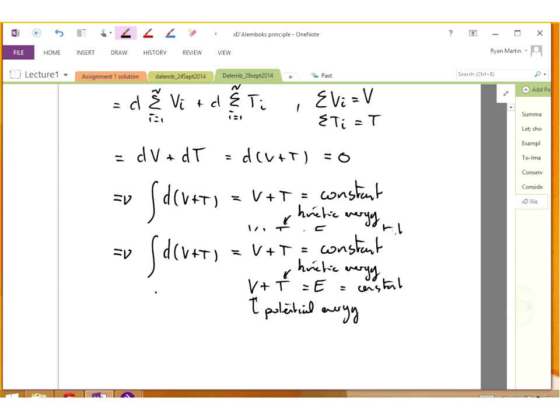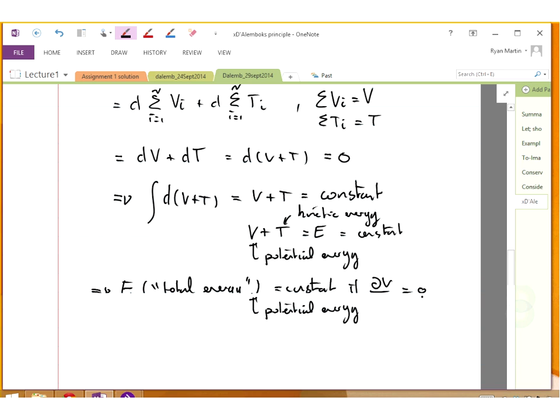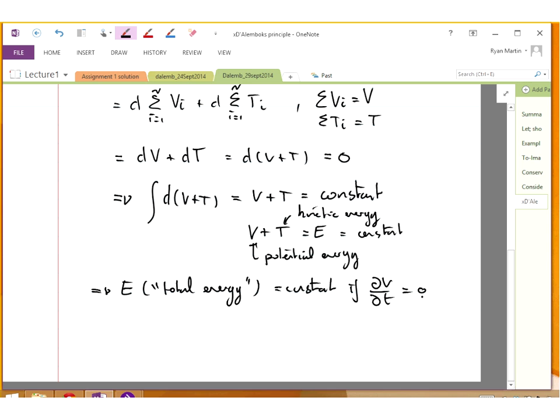And so what we find is that E, which you might as well call total energy, is equal to a constant if the potential does not depend on time, and if the coordinates don't depend on time. That's actually a very powerful statement, right?